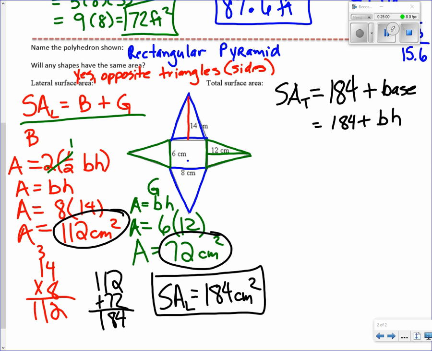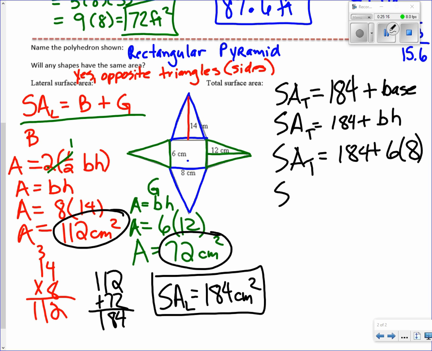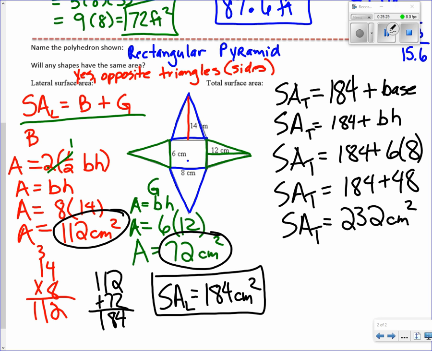Trying to hurry because I know this is long. 184 plus 6 times 8. 184 plus 48 is 232 square centimeters, and that is your total surface area. Okay, if you have any questions, come tomorrow.